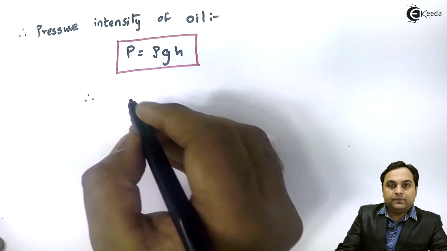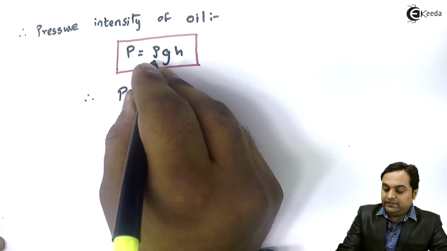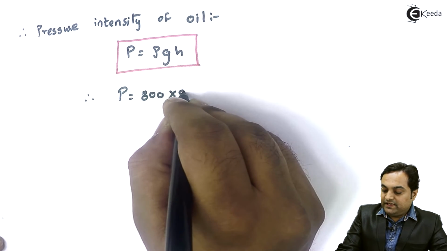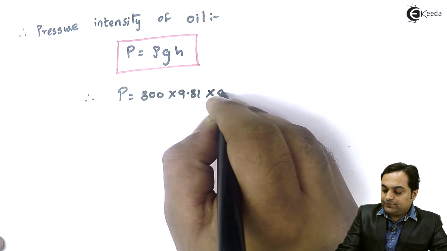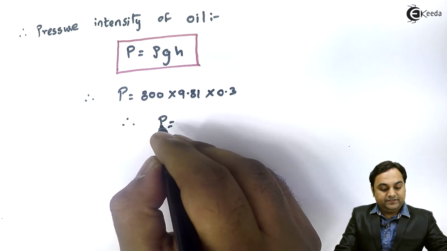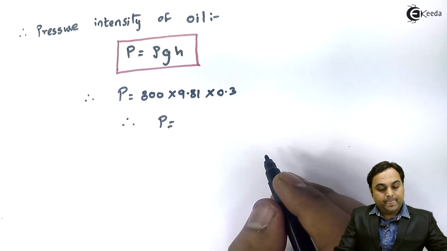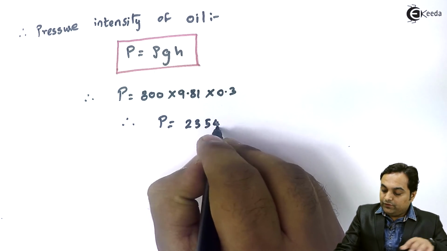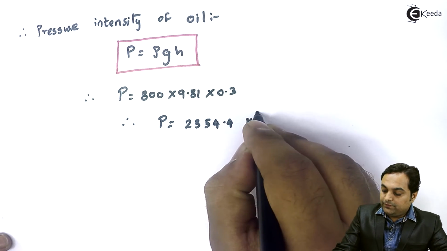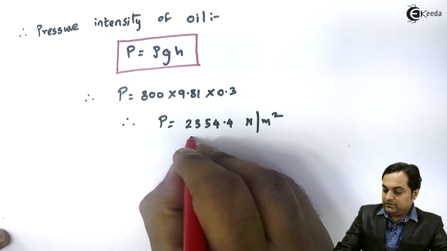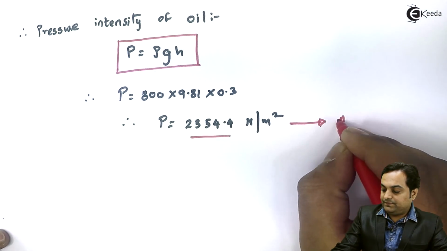So therefore P is equal to, the density of oil we have calculated, it is 800, G is 9.81, H 0.3. So from this I'll get my answer of pressure intensity, that comes out to be 2354.4 Newton per meter square. This is our second answer.